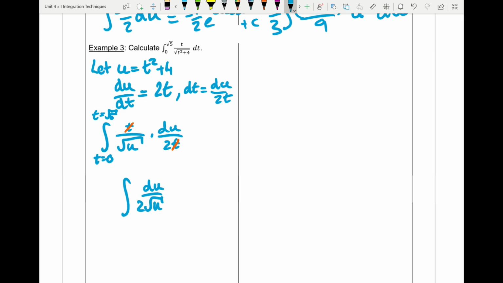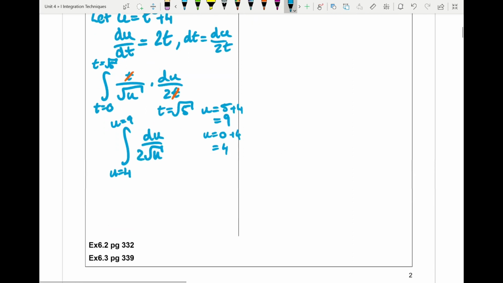So when t equals square root of 5, what does u equal? Well, that's going to be square root of 5 squared, which is 5, plus 4 is equal to 9. So we know our upper bound is u equals 9. Our lower bound becomes u equals 0 plus 4, which is just going to be u equals 4.